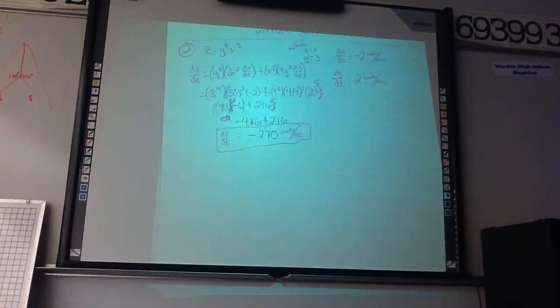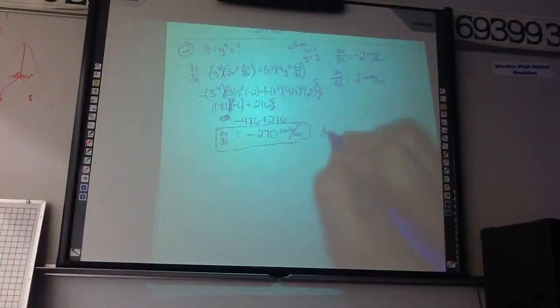Oh wait, 81. Yeah, it's negative 270. Sorry, Doc. Plugging in all the numbers, negative 270. And then I'd ask, is z increasing or decreasing? Decreasing.